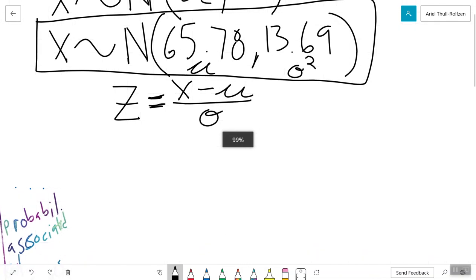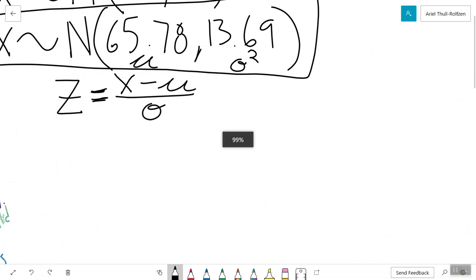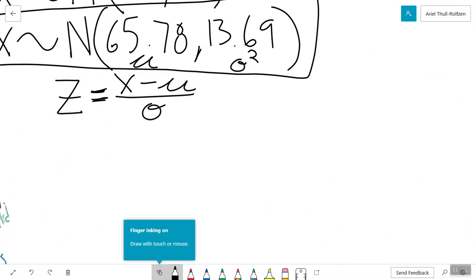Now, I have all of the information that I need to make what I like to call my skeleton equation. So I'm going to plug in the variables that I have and see what I'm left with.